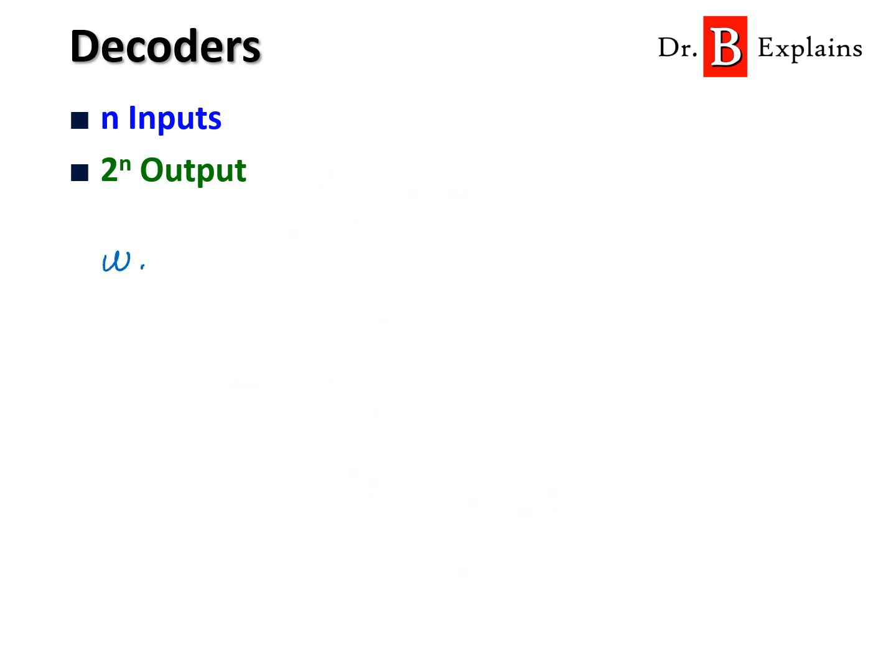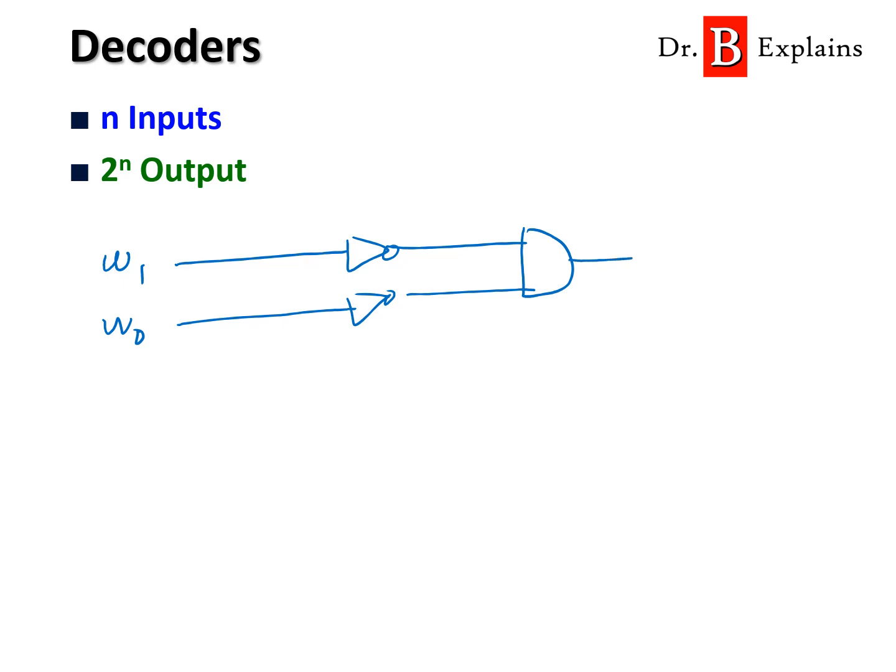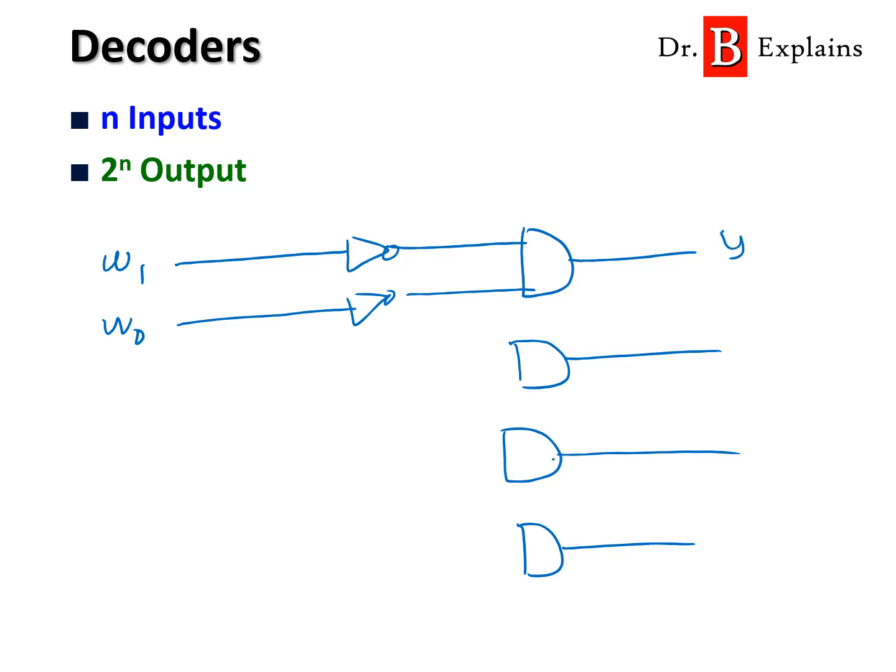So how do we draw that schematic? We're going to have W1, W0, and their inverses, not, not. And then we're going to have y0, y1, y2, y3.